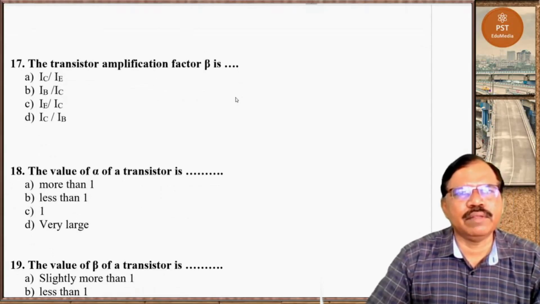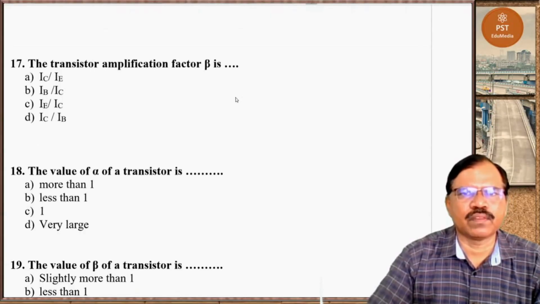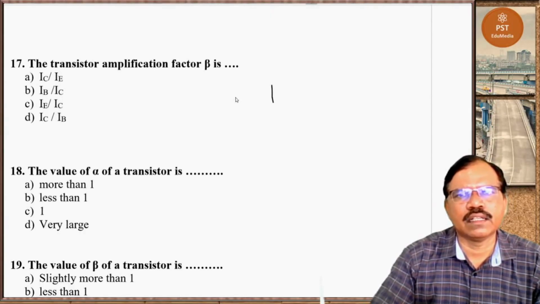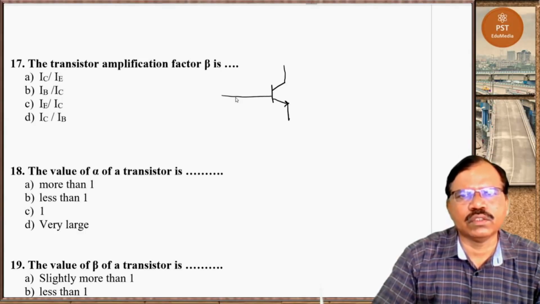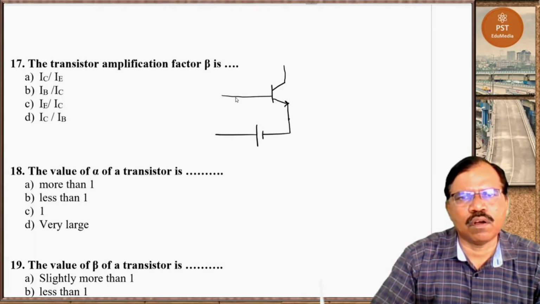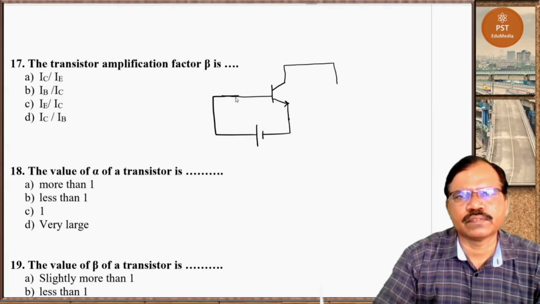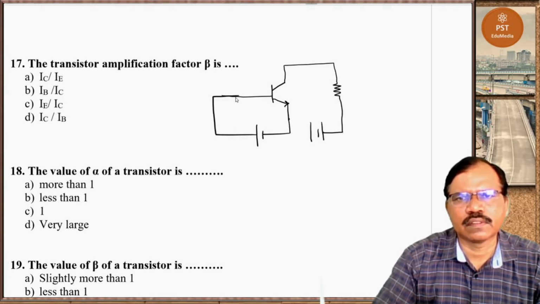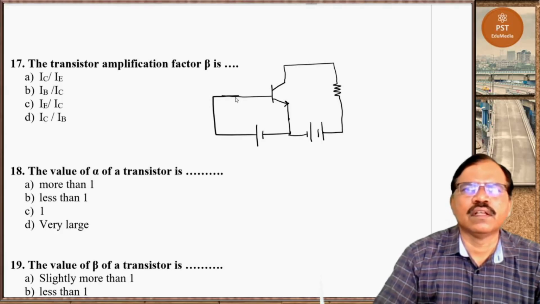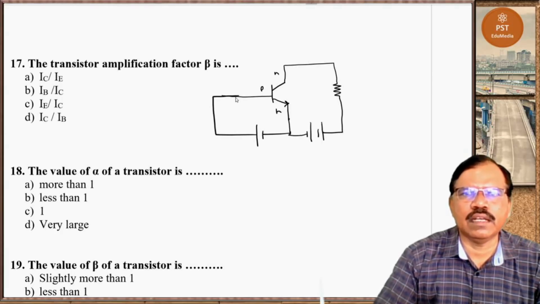The transistor amplification factor beta is. Suppose we take common emitter configuration. So here this is common emitter configuration for NPN transistor. This is NPN collector base emitter.